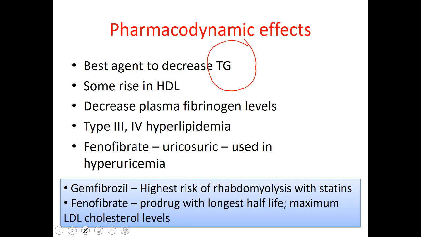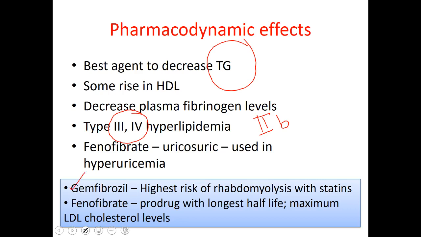And where are triglycerides elevated? According to Fredrickson classification, which type? Good. Type 3 and 4, and also you get to see in type 2b. So, these are the main types which are indications for starting any of the fibric acid derivatives.